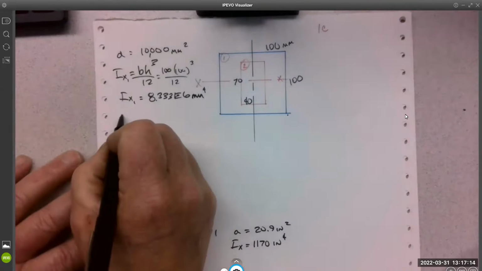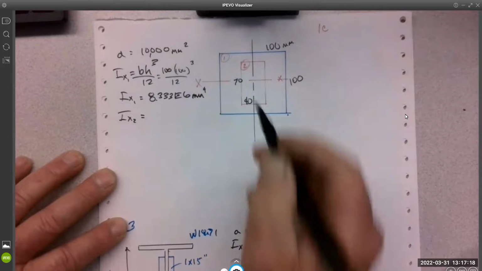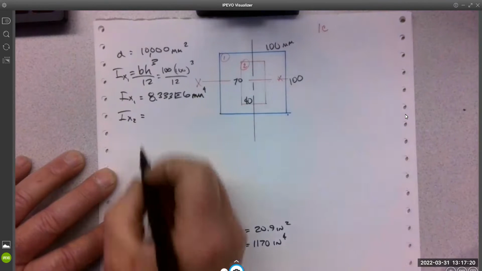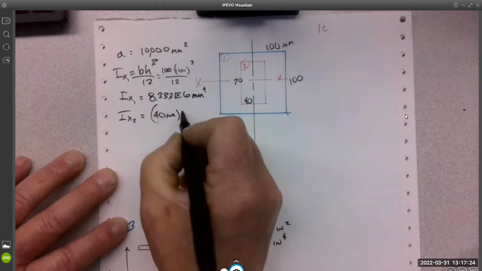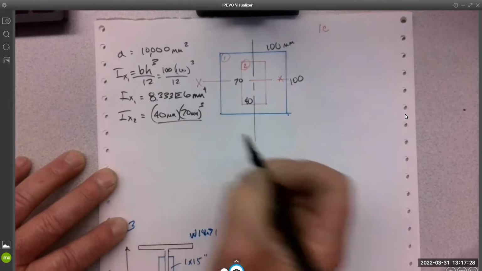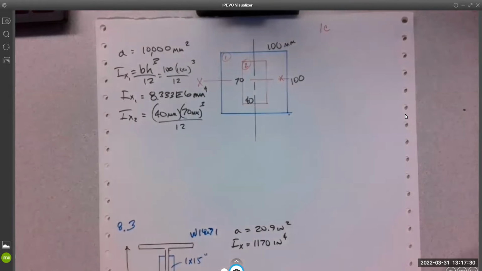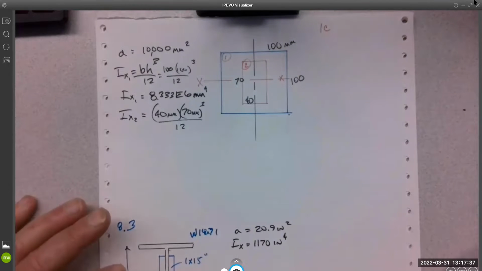All right, so now I'm going to do Ix of the 2nd shape. So this shape, base is 40, height is 70, and that is cubed over 12. Rectangles, 2 rectangles. Even though this is a square, treat it as a rectangle, works good.